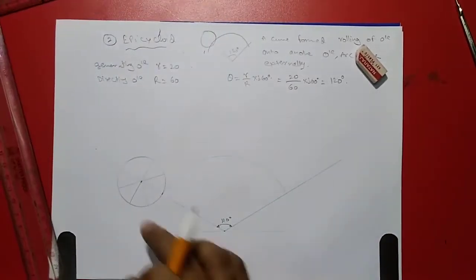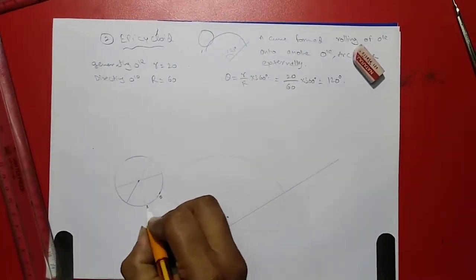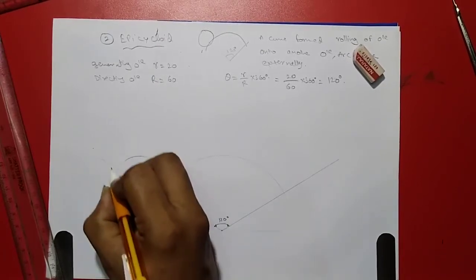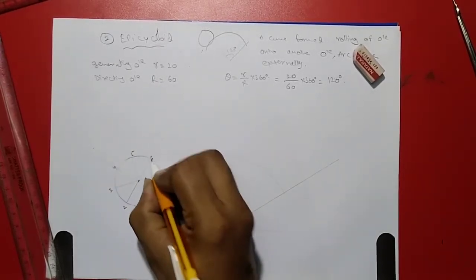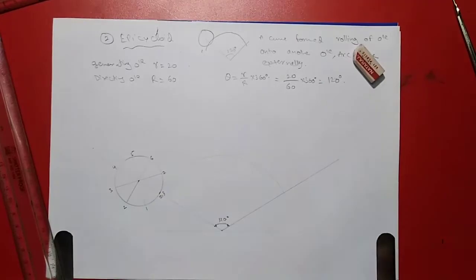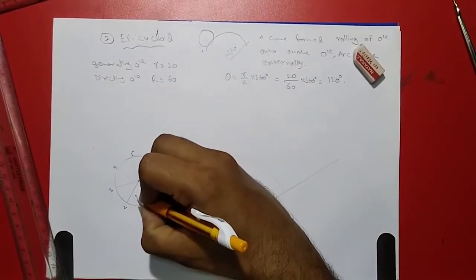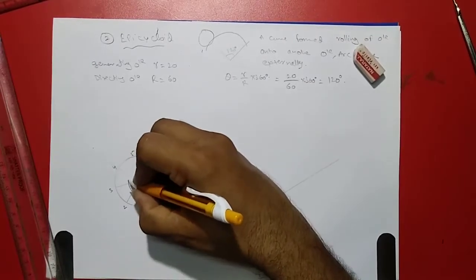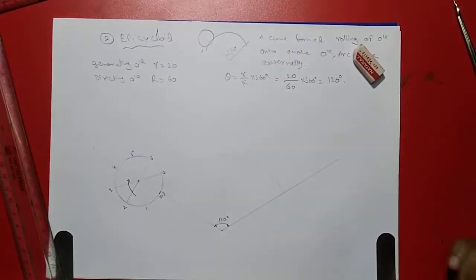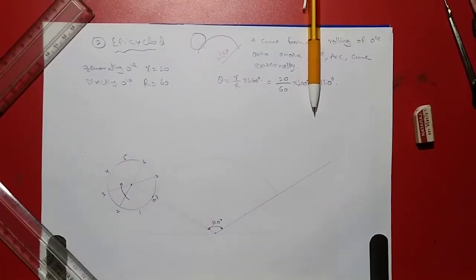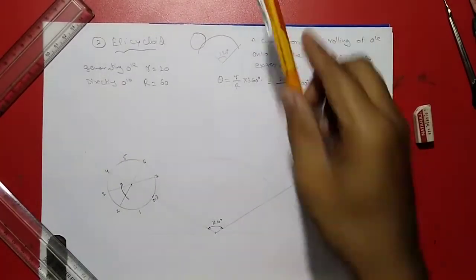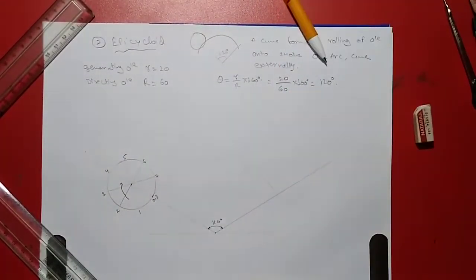So we have divided into 8 equal parts, 0, 1, 2, 3, and again 8. And the circle is rolling in this direction, clockwise.